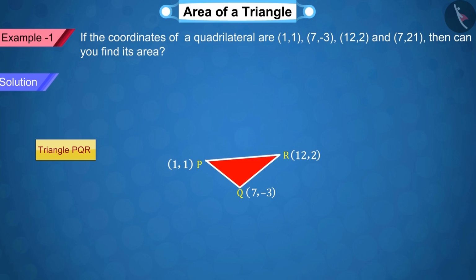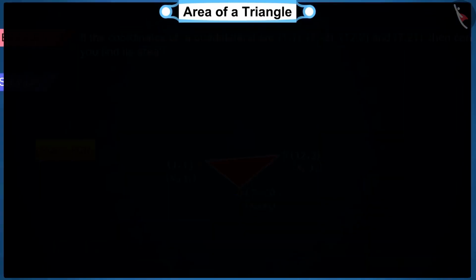Here, let's assume the coordinates of the point P as x1 equals 1, y1 equals 1. The coordinates of the point Q as x2 equals 7, y2 equals -3, and the coordinates of the point R as x3 equals 12, y3 equals 2.